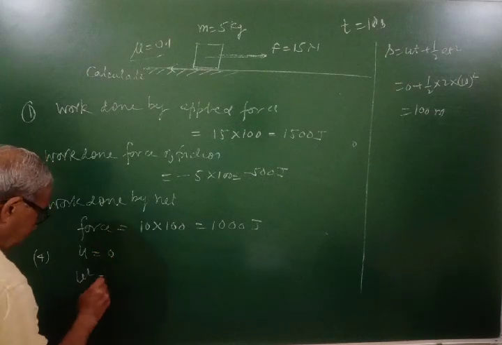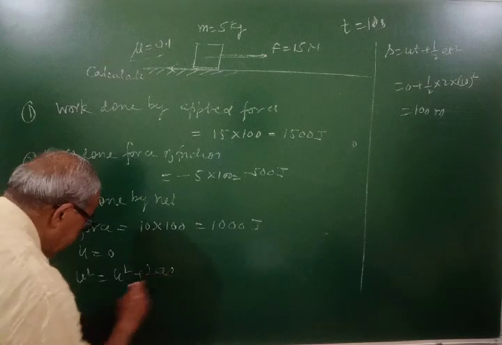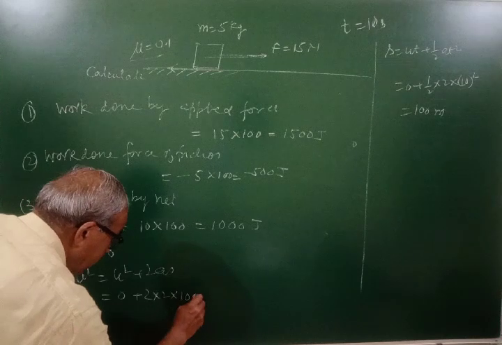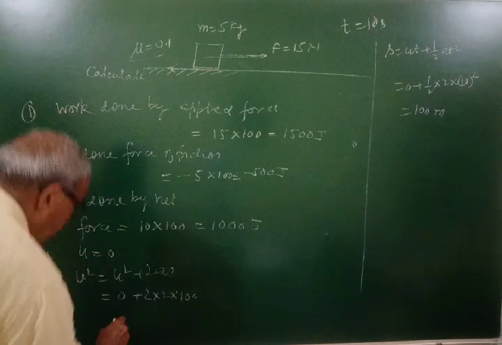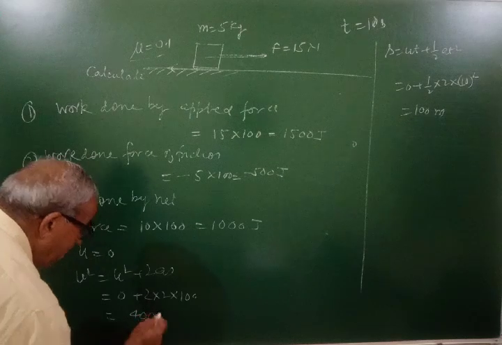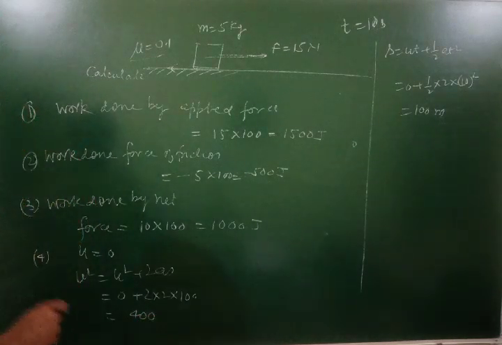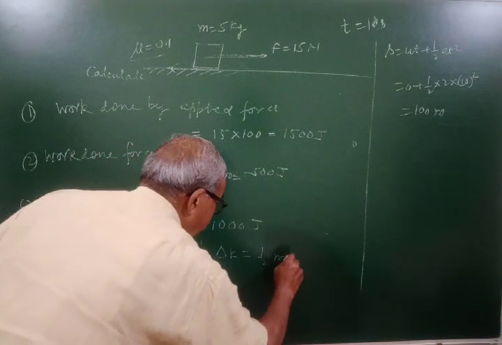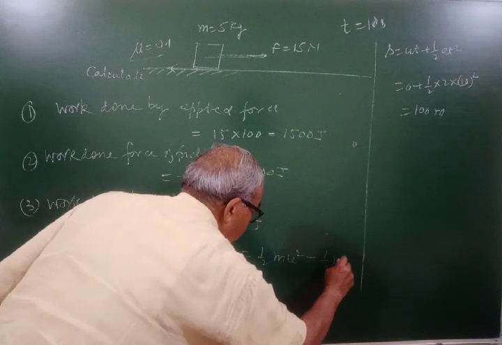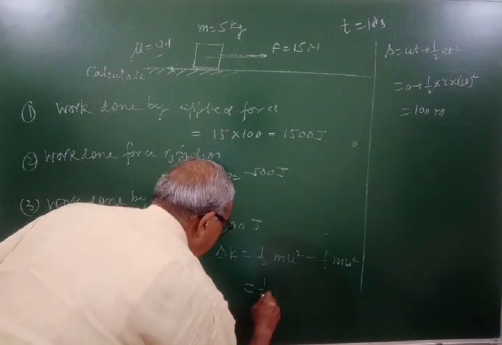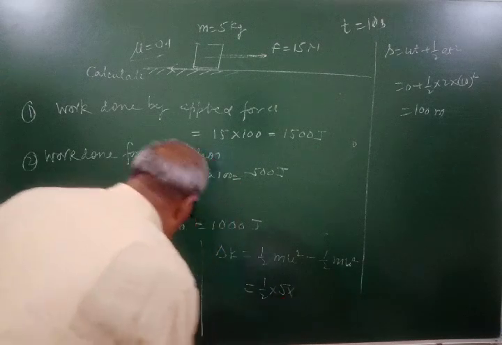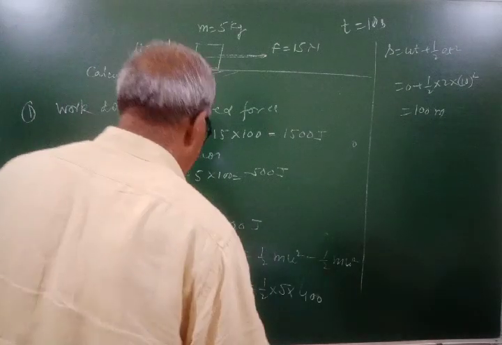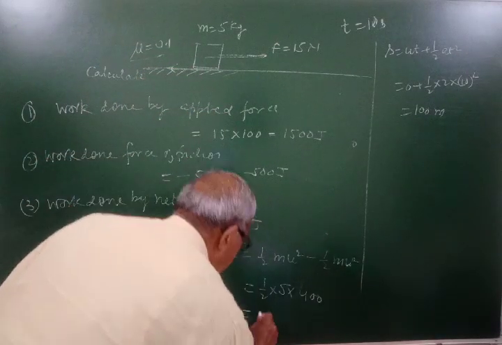So equation v square equal to u square plus 2as, 0 plus 2 into 100, now the acceleration is 2. So it is 400, v square. Hence delta K is half mv square minus half mu square. It is half into 5 into v square 400. It is again 1000 joule.